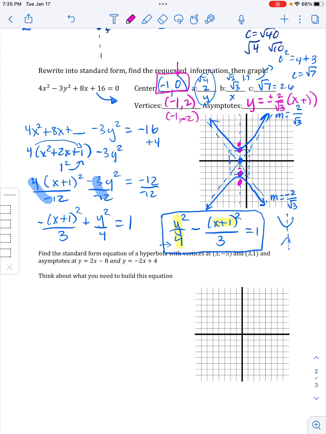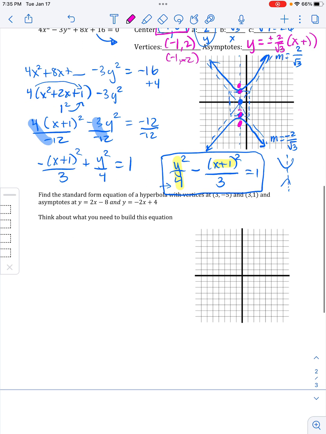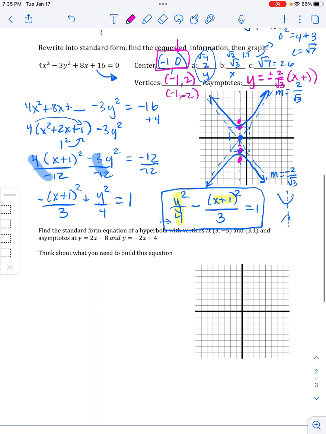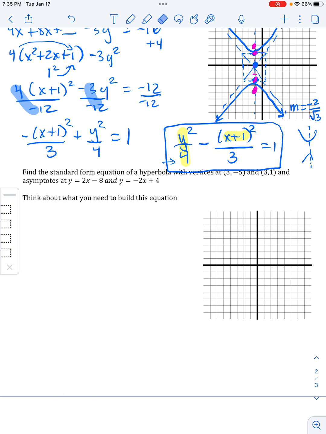Always. All right. So again, if you are okay and you're going to be able to graph and find information, you can go and have at it. If you want to torture yourself with one of these where you have the information and you have to build the rest of the equation, we can do that too. Okay, so let's go for it.